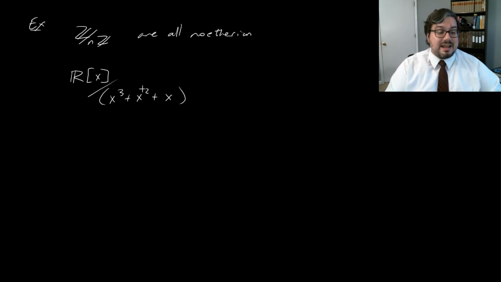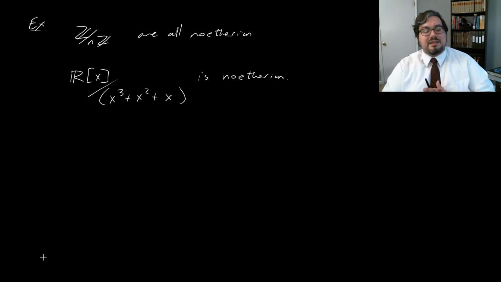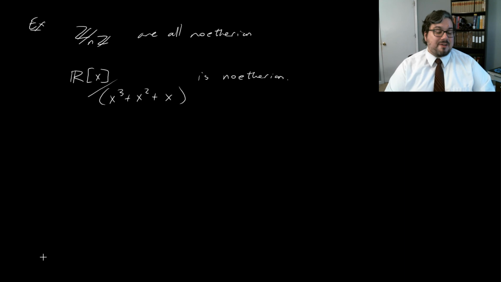Well, this is an ideal, and this is a Noetherian ring, therefore this is Noetherian. It doesn't matter what ideal you pick here. If you start with a Noetherian ring and take a factor ring of it, you get a Noetherian ring. What we're going to see in the next lecture is that Noetherian rings are nice because in Noetherian rings, everything can always be written as a product of irreducible elements.